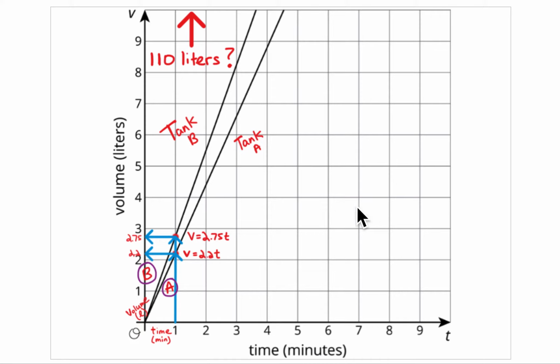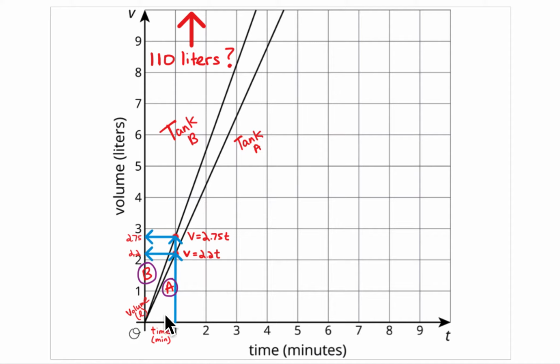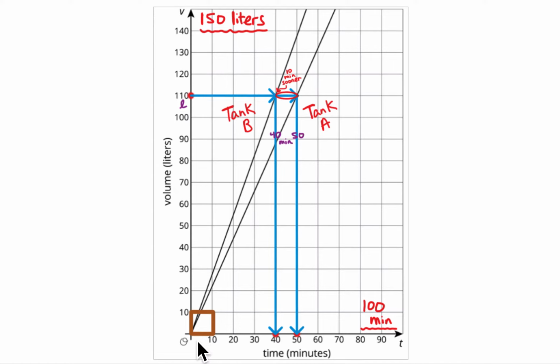You can't look at it on this graph. You have to expand the scales. And that was the other part of this lesson, looking at different scales. So this is the original graph. This graph goes out to 10 minutes and up to 10 liters.